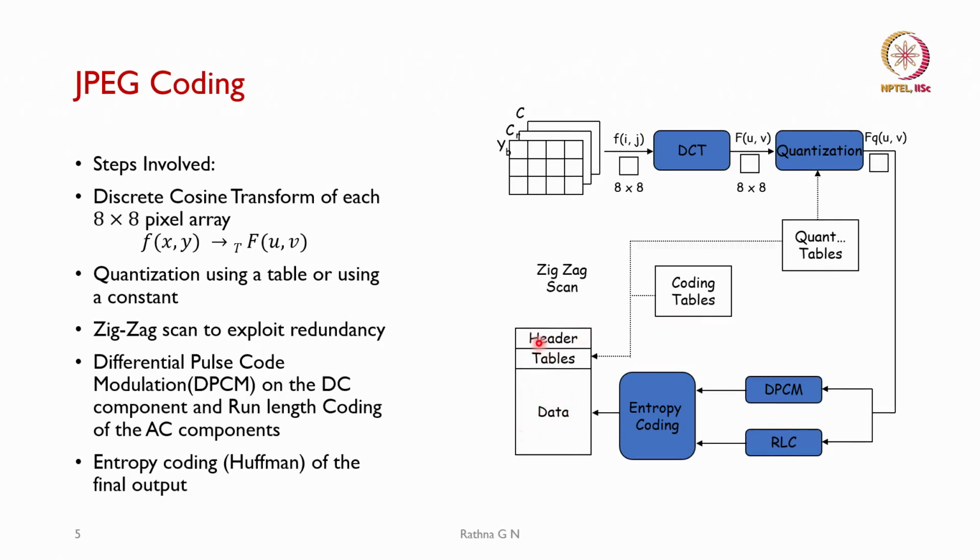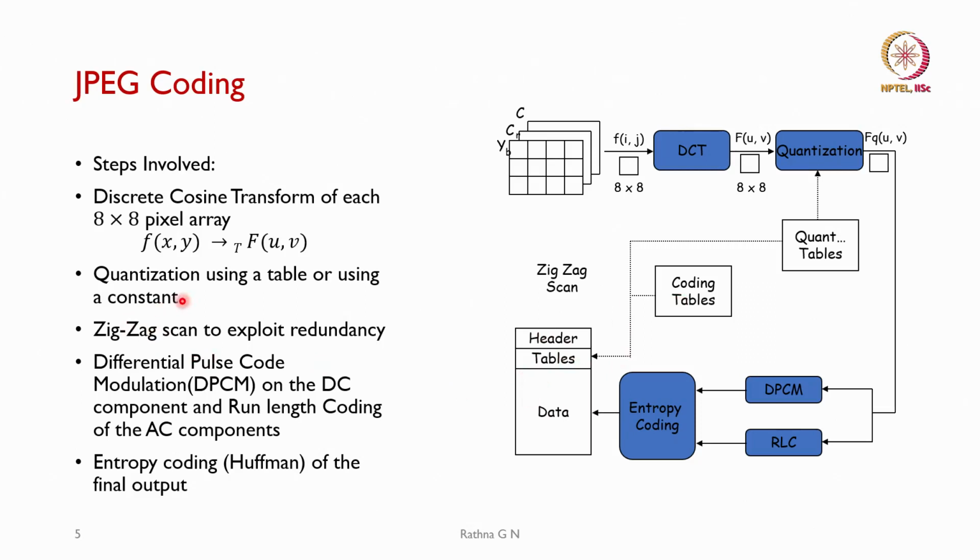This is how the data is stored. You will also have the coding tables, whether you used the zigzag scan and what type of coding tables, and then you use them in storing the images, which you can retrieve back.